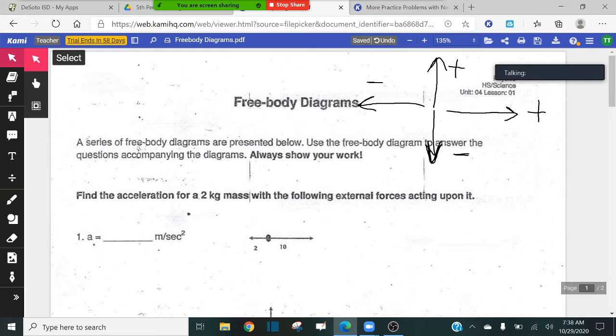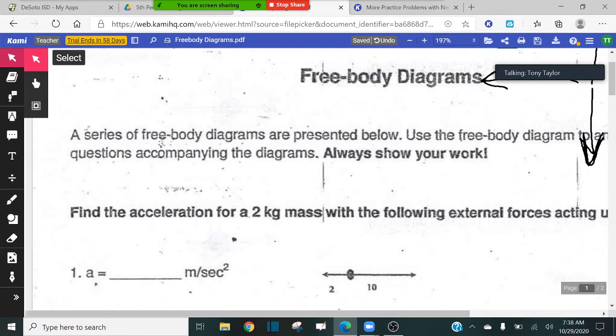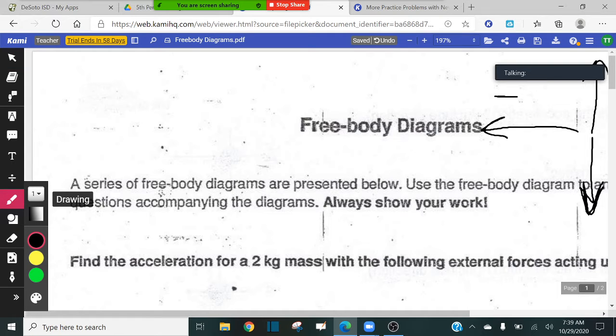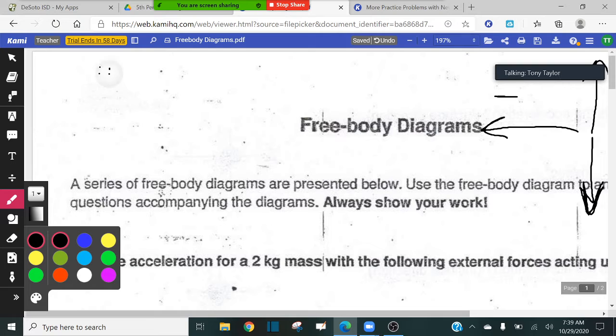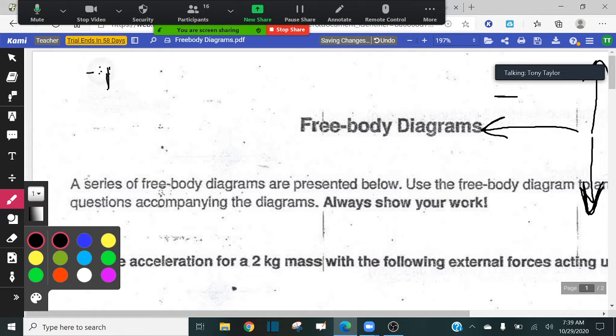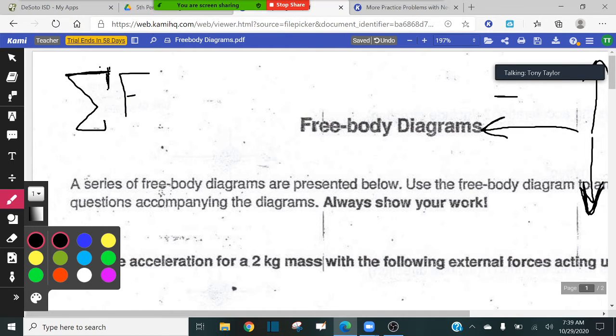Also, in order to work out these problems, you are going to need Newton's second law. And Newton's second law of motion says that the sum of all your forces acting on your object is equal to mass times acceleration of the object.